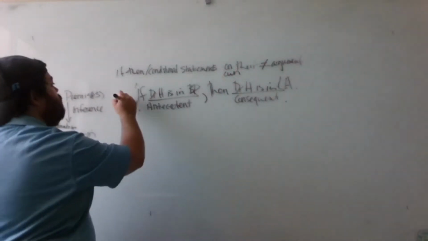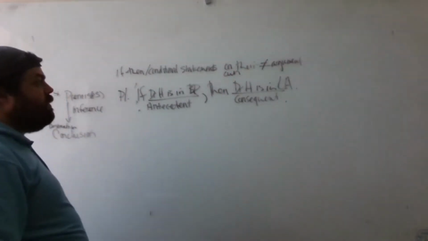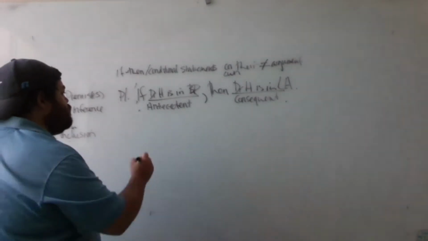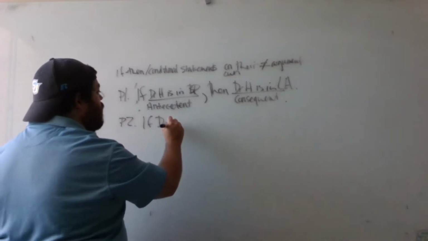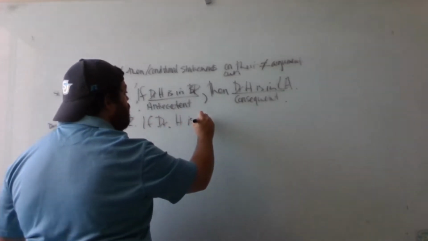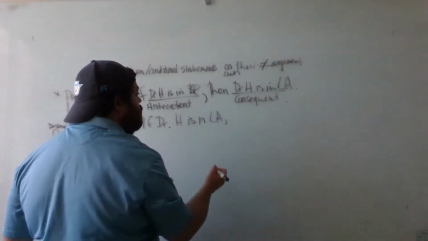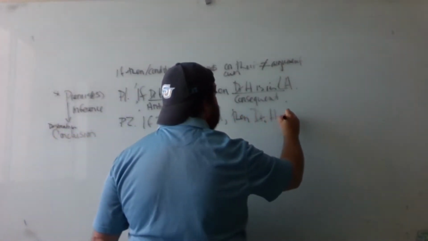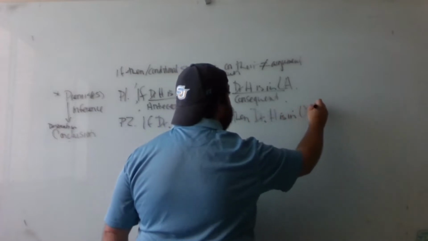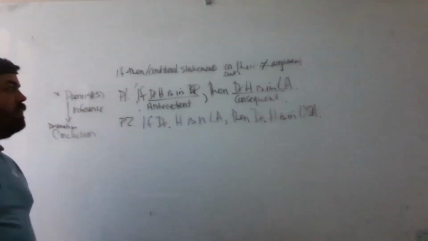So P1, if Dr. H is in Baton Rouge, then Dr. H is in Louisiana. Okay, let's join it with something else. If Dr. H is in Louisiana, then Dr. H is in the United States of America, right?